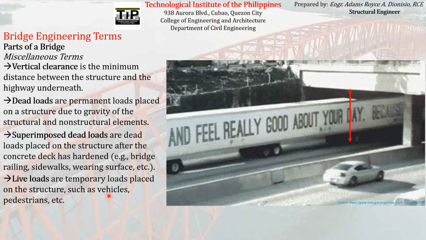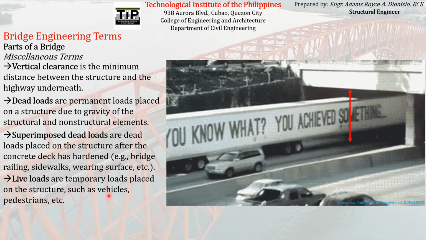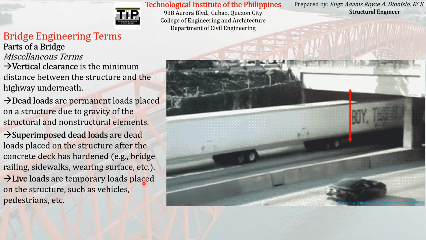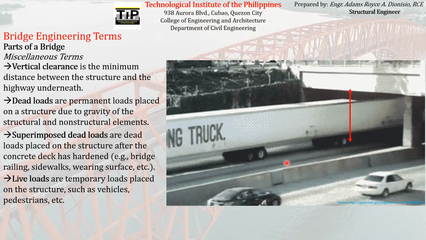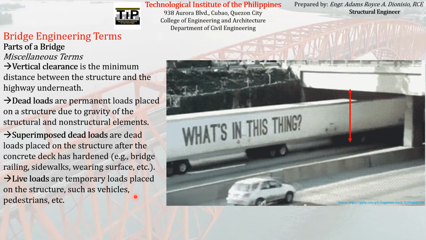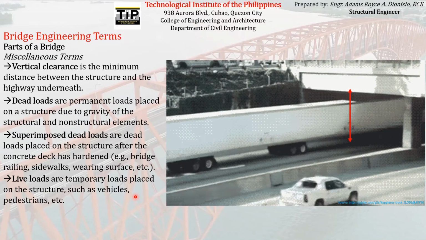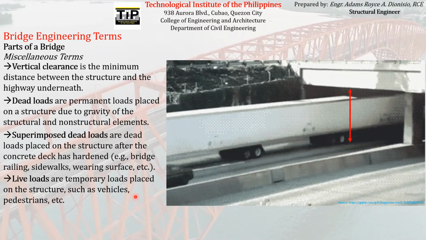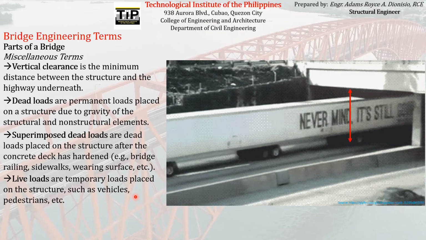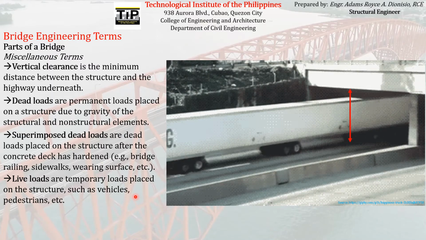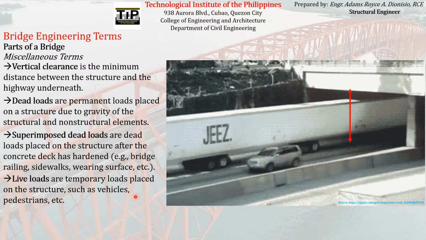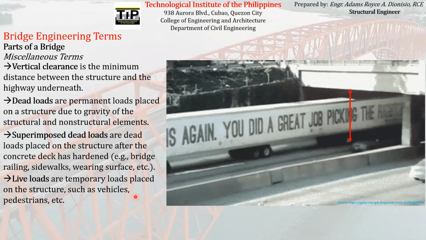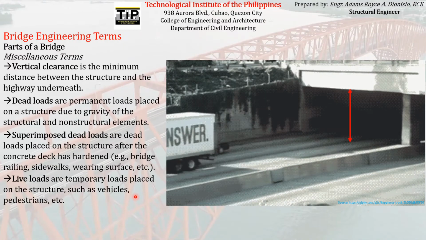One example of that is a vehicle traveling along our bridge or a pedestrian traveling our bridge. Obviously, they are not part of our bridge. They are using our bridge, but they are not fixed in position. Their position varies with respect to time. So if they don't have a fixed magnitude and fixed position, we can consider them as a live load.